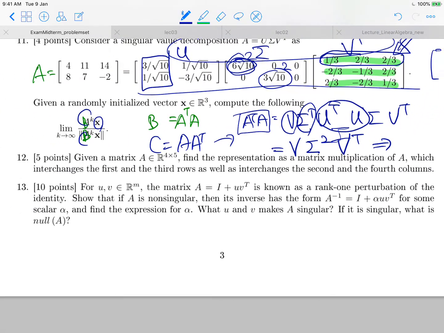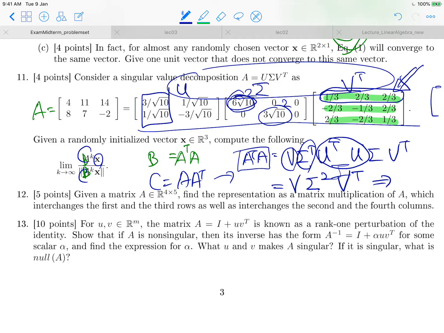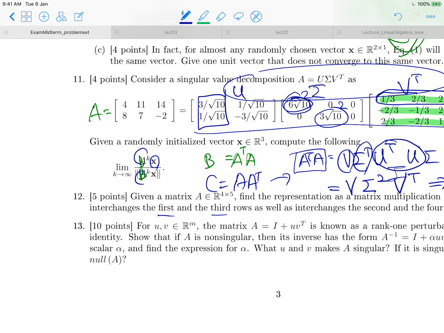Okay, and then what will be the answer for problem 12? So it's a 4x5 matrix, and it's basically about the permutation stuff, right? So permuting the first and the third rows in a row-wise manner, and then we have to multiply the matrix on the left, right?